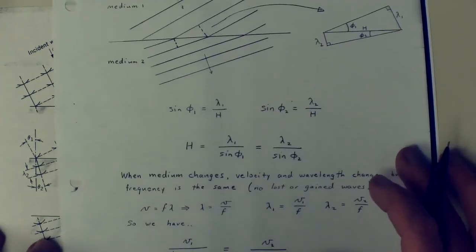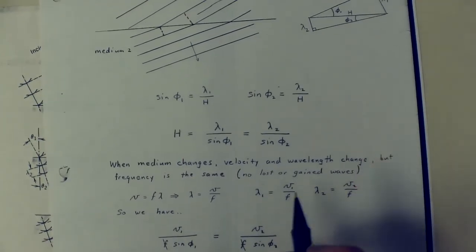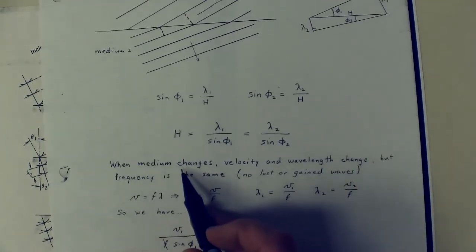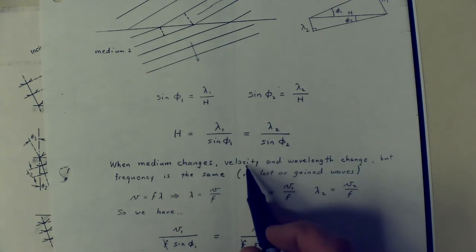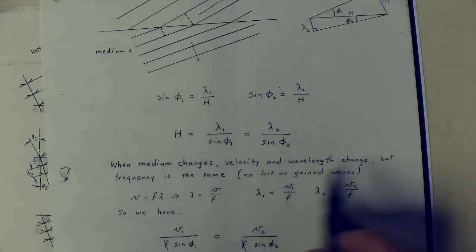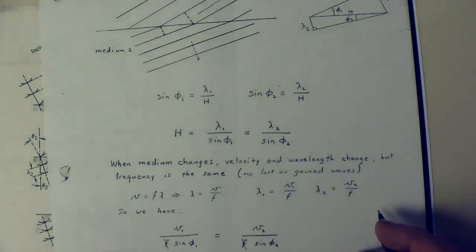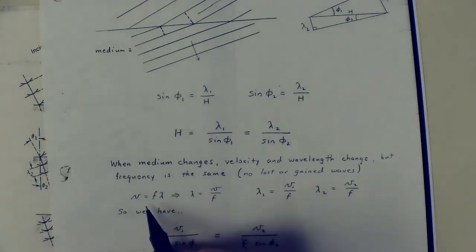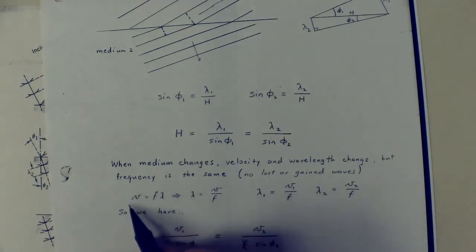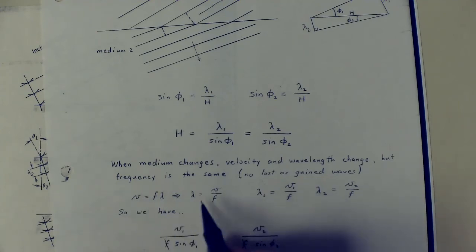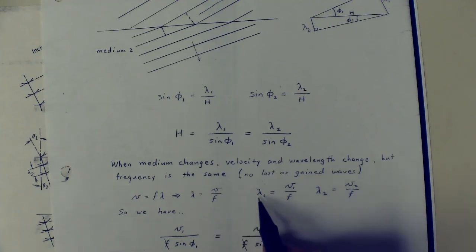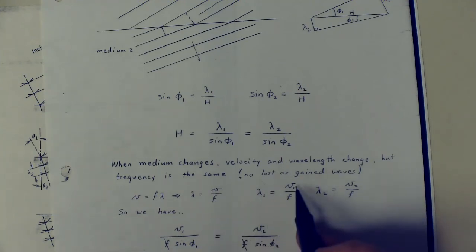Now, remembering once again that when the light enters a new medium, the velocity changes, the wavelength changes, but the frequency is still the same. So velocity being frequency times wavelength, that's a basic relationship. We can solve this and say that wavelength is velocity divided by frequency. And so the wavelength in medium 1 would be the velocity in medium 1 divided by the frequency.